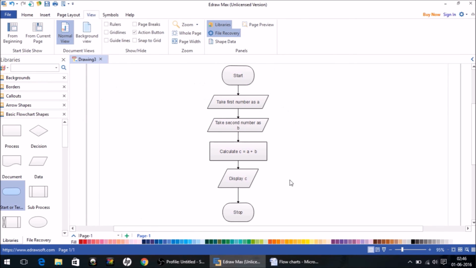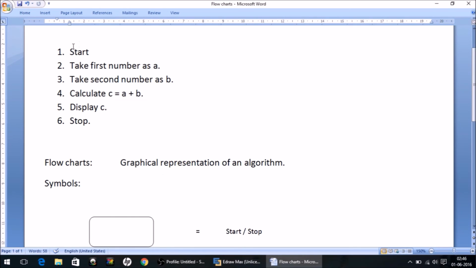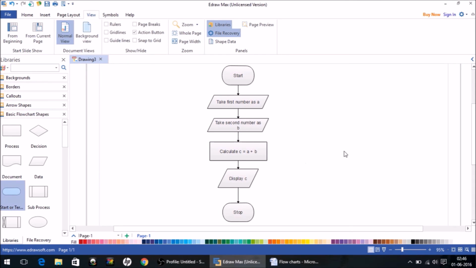As you can see, start, take first number, then take another number, then perform some processing, display some output, and then stop. It is the same as the algorithm, but this is just a graphical way of displaying the step-by-step solution of a given problem. I hope this concept is clear to you.